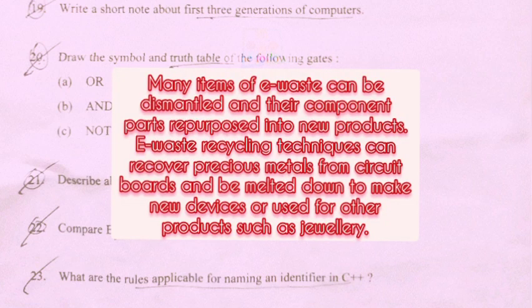Recycling. Many items of e-waste can be dismantled and their component parts repurposed into new products. E-waste recycling techniques can recover precious metals from circuit boards, which can be melted down to make new devices or used for other products such as jewelry.